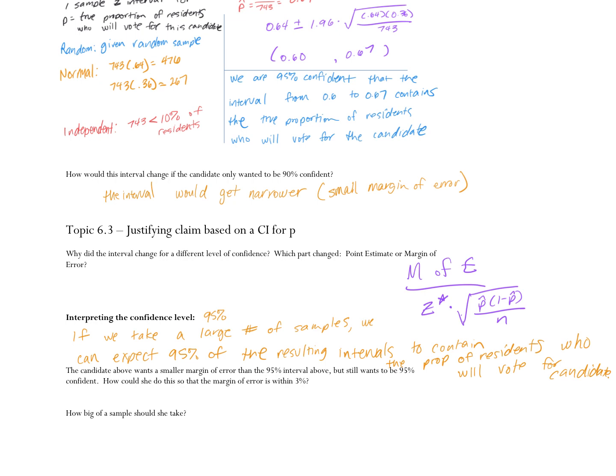If that's the case, then I no longer have control over the Z-star. How do I ensure that my margin of error is within 3%? There's only one other thing I can control: my sample size.